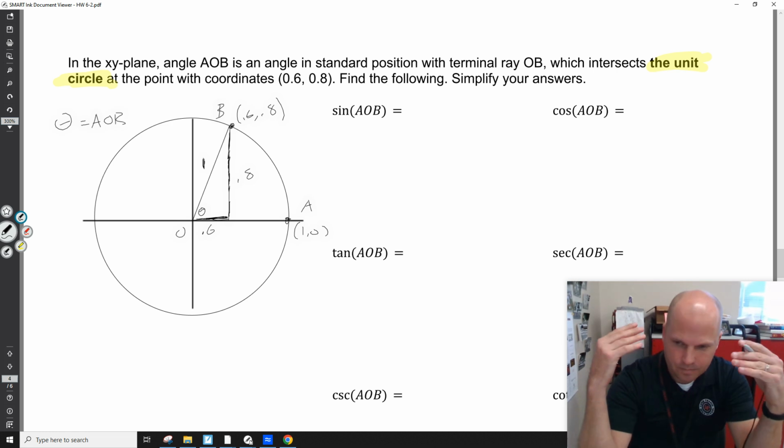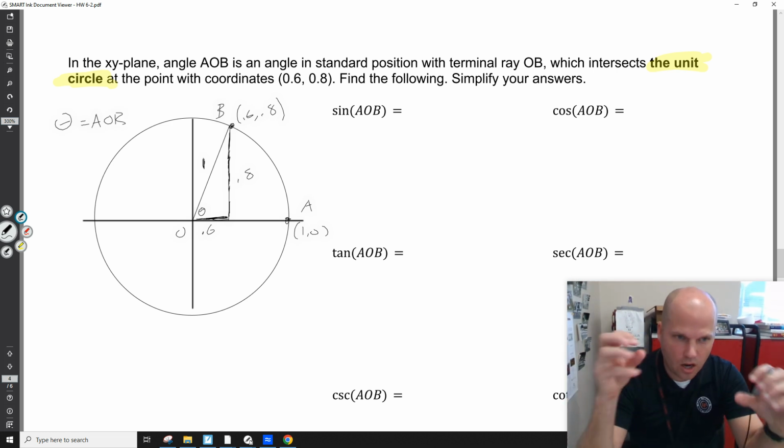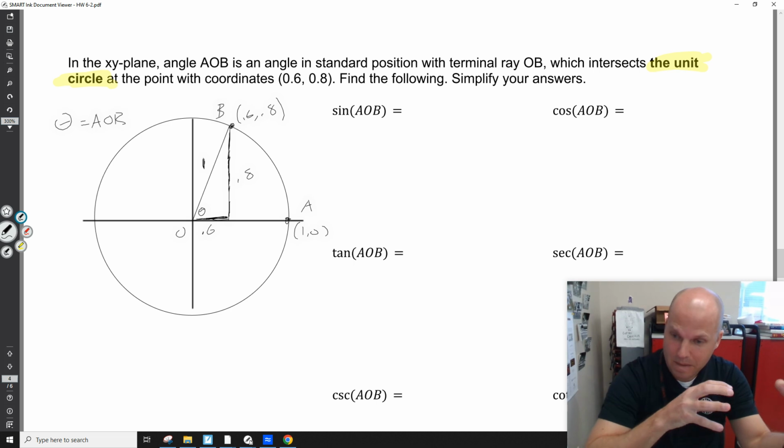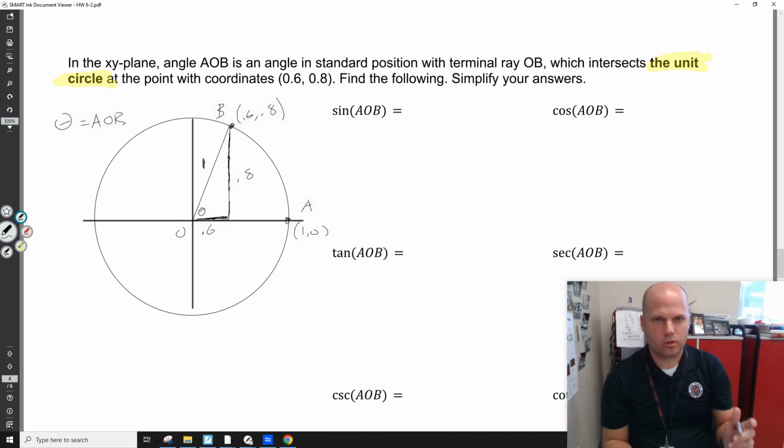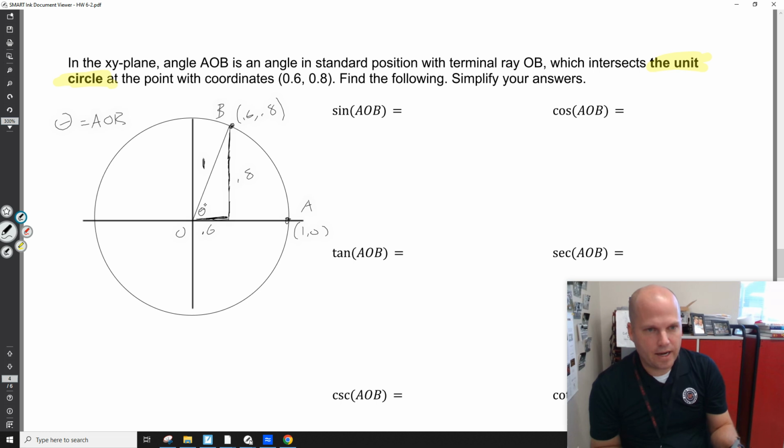We can find all of the trig functions of this angle measurement because we have just drawn a triangle inside our circle. So the sine, opposite over hypotenuse, is 0.8 over 1.